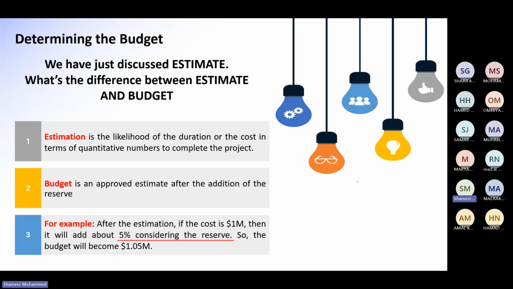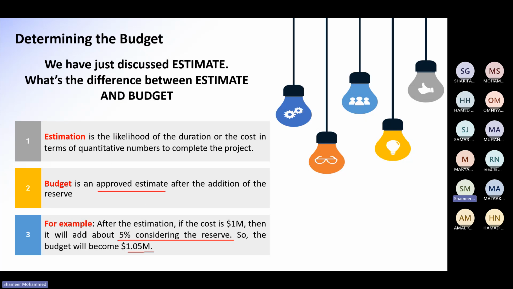Due to that, you may spend more time to complete the task, right? Because of that reason, you need to consider some 5% extra budget. So the total estimated budget is $1.05 million. Understand? So this is the budget, the approved calculation.